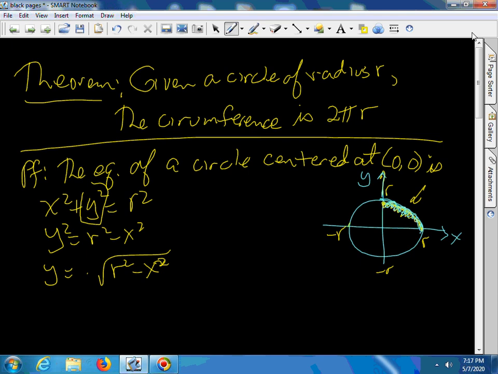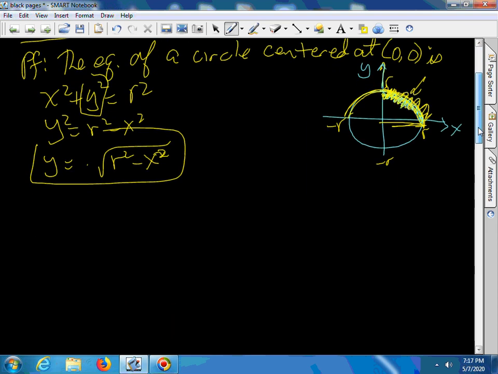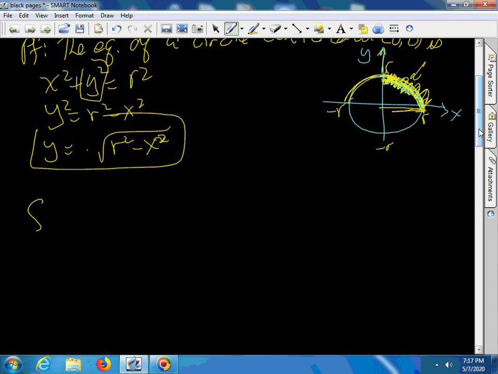This equation just happens to be the equation of the top half, but I only want to talk about when x goes from 0 to r, only the first quadrant. So what we have is this. The arc length, which I'll call S, is going to be 4 times the arc length of the arc in the first quadrant.